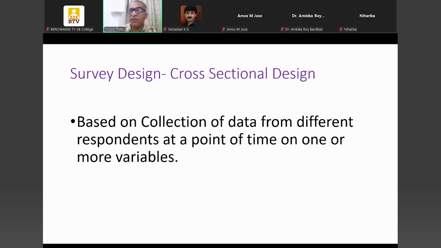These are all quantifiables. So it can be quantifiable, it can be qualitative, it can have multiple variables, but you're collecting all these variables at one point of time from different classes of respondents, different cases. That is a cross-sectional design, which is a survey design, which we normally use in our research.